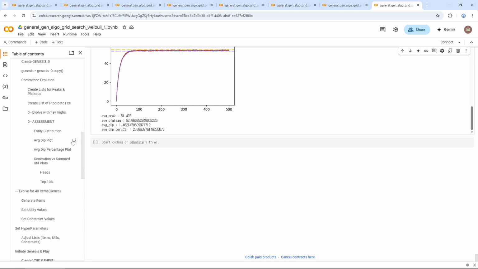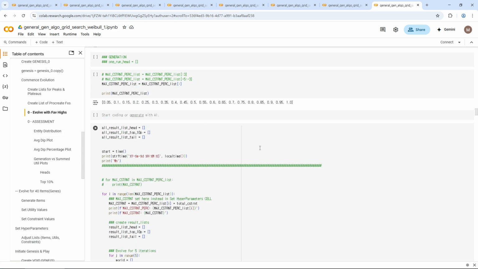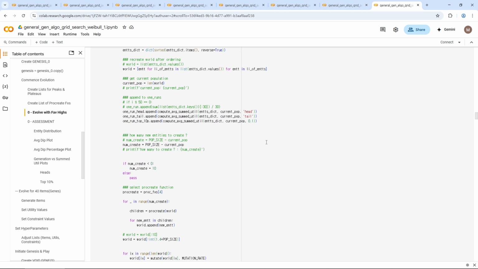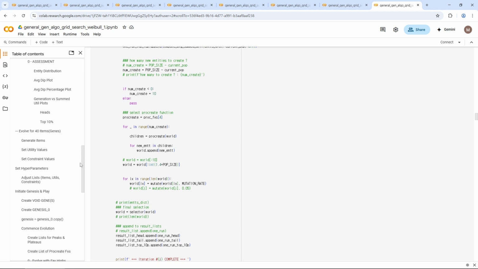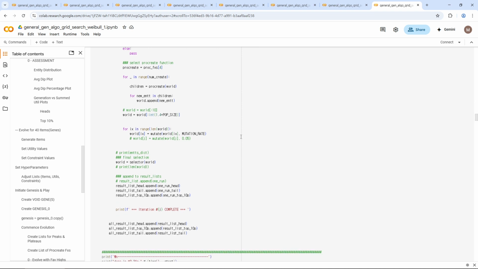And after that, I also need to change some of the evolution logic, so that even when the entities are not being struck out, I start introducing new entities into the population through procreation, by maybe allowing a certain number of new entities to be created through procreation.